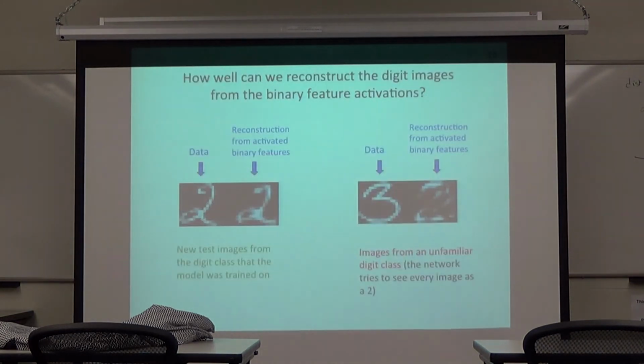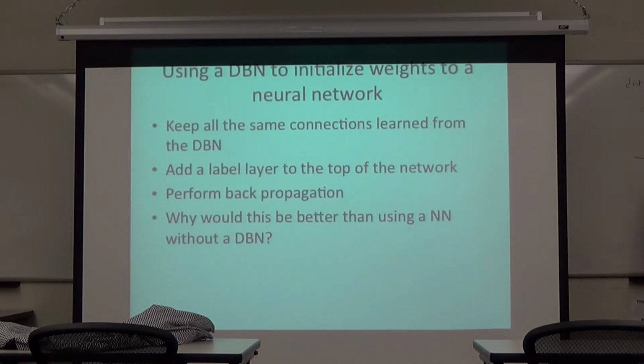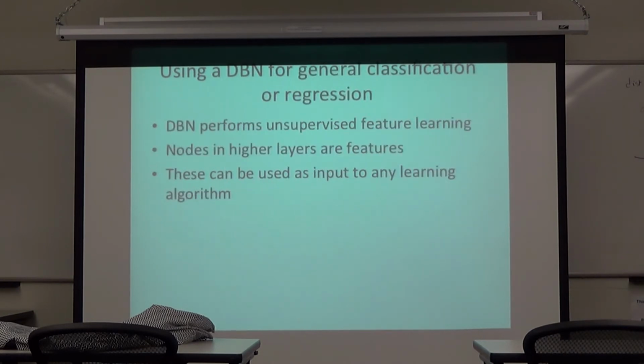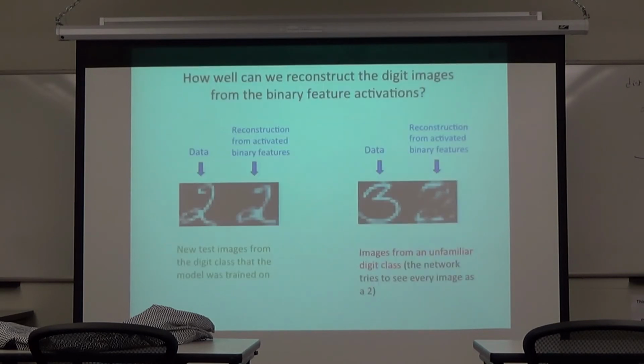Okay, so that is a restricted Boltzmann machine. Now we can talk about deep belief networks.